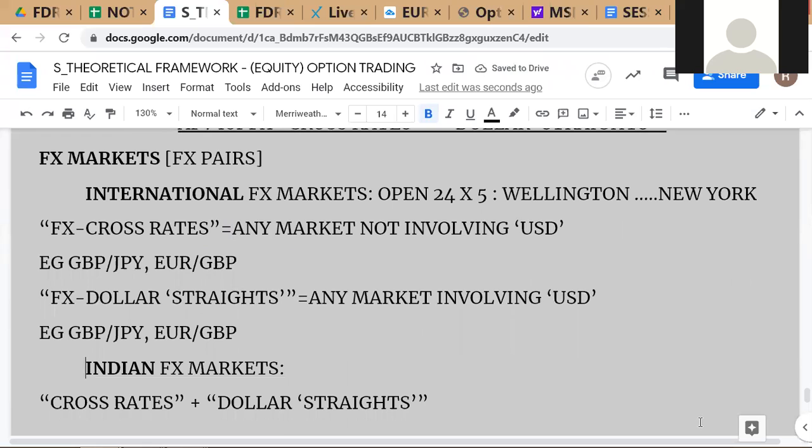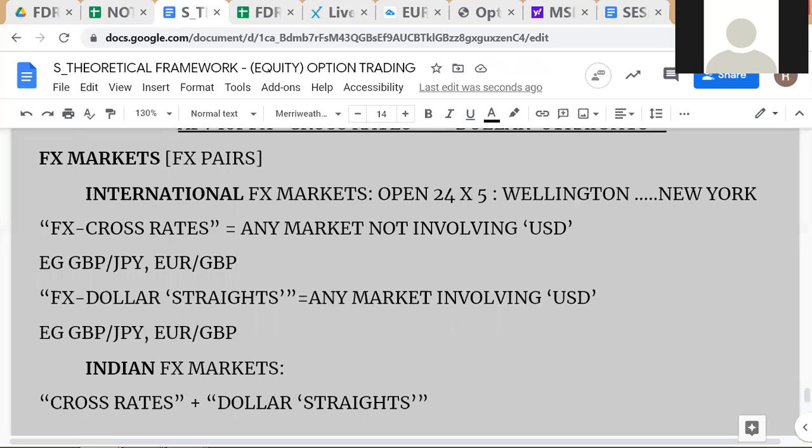So in the international markets, the convention is that foreign exchange cross rates, when we talk about cross rates, are any market not involving US dollars. So euro yen, and you can actually have a full quote board asking for cross rates.